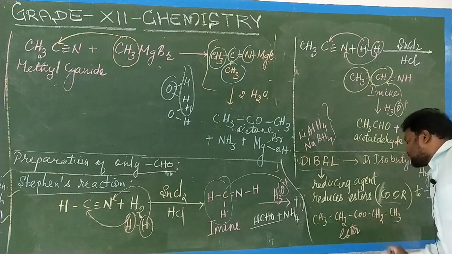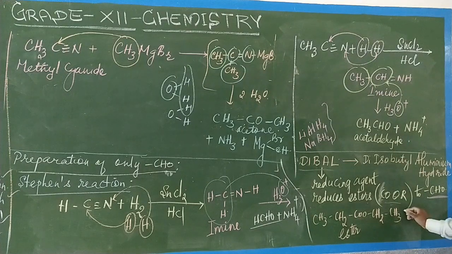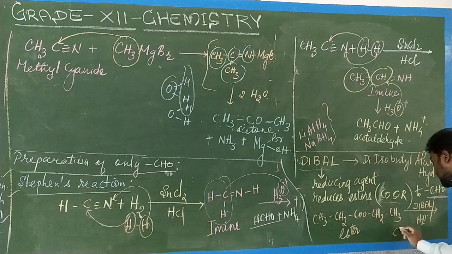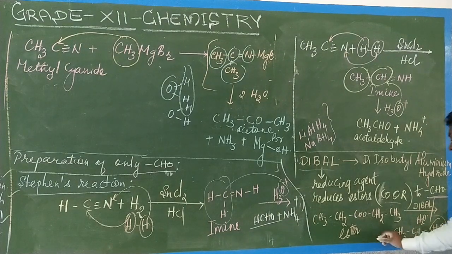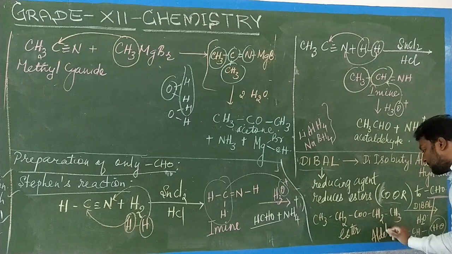Now this ester on treatment with Diebol with water gives rise to the formation of CH3 CH2 C2H5 bond CHO. Do 5 carbons come? 1 2 3 4 5 carbons. So aldehyde is formed.